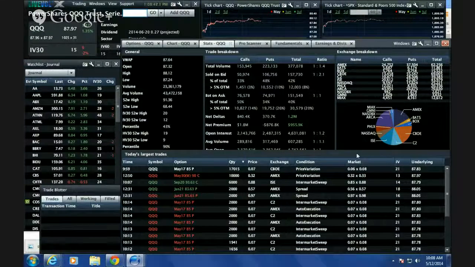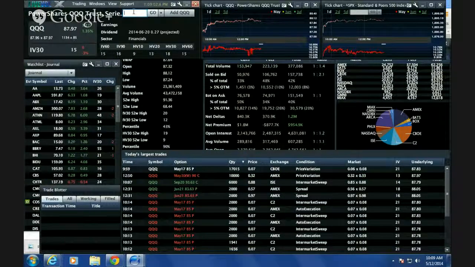So people are buying VIX calls, but yet they're also getting long QQQs, and also the premium on all this. So everyone is buying premium on both of them net-wise.